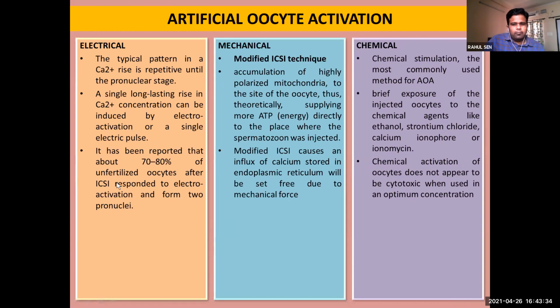The most commonly used and most available form of artificial oocyte activation is chemical stimulation. These chemicals are briefly exposed to the injected oocytes, and they do not appear to be cytotoxic when used in an optimum concentration.